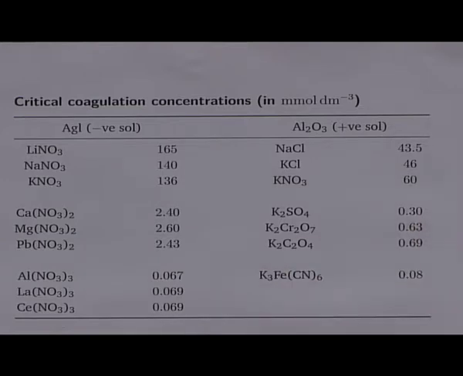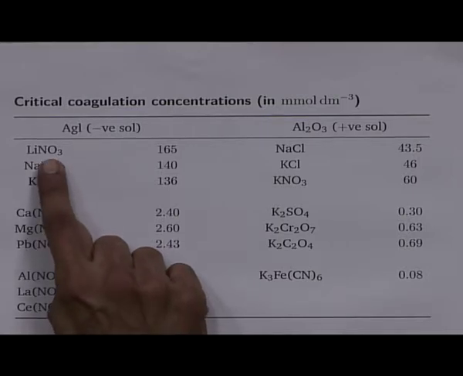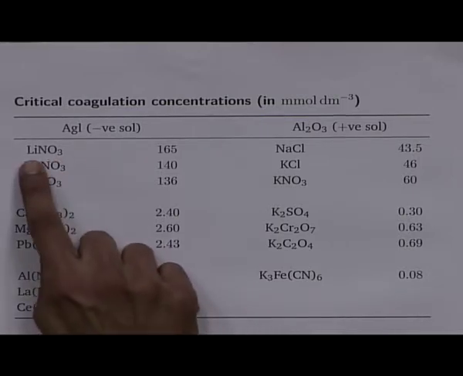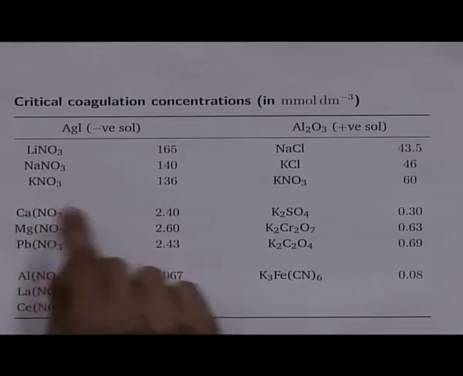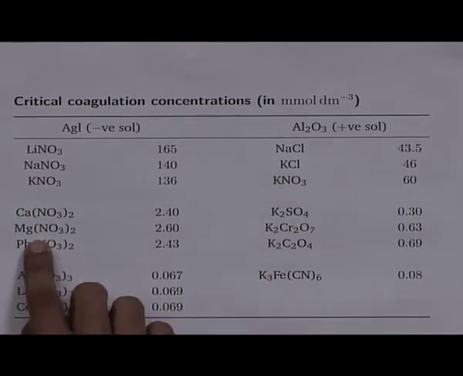If you look at it, there are 3 sets in each of these two categories. In the first category, I have singly charged cation and anion, that is lithium nitrate, sodium nitrate and potassium nitrate, all monocharged.